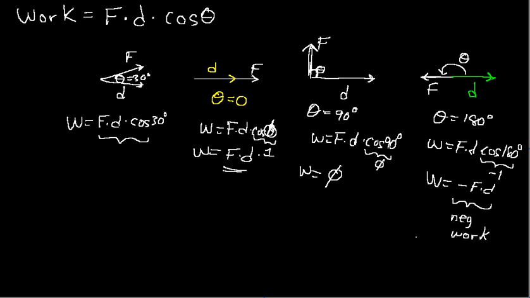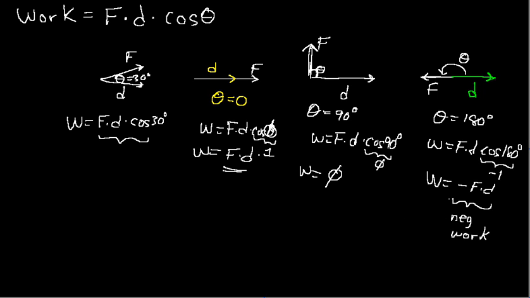And negative work on an object: if this is us here, applying a force on an object that's going in this direction, we are actually doing negative work on the object, and the object is actually doing positive work on us. We're going to explain that a little later on.